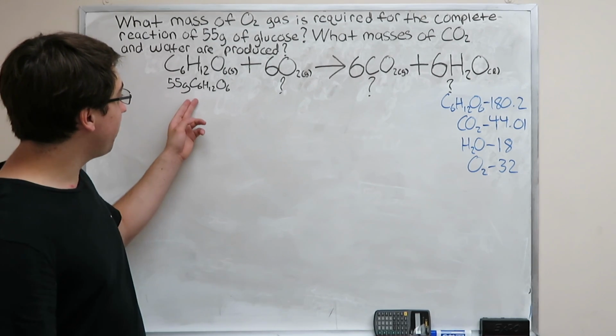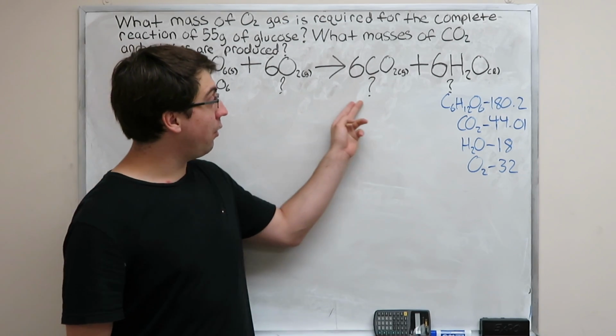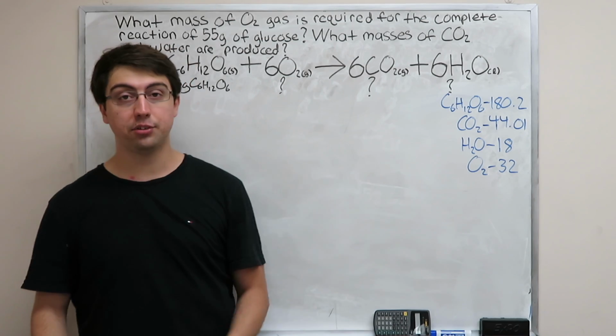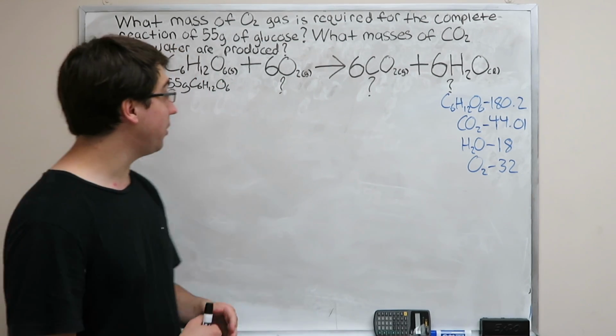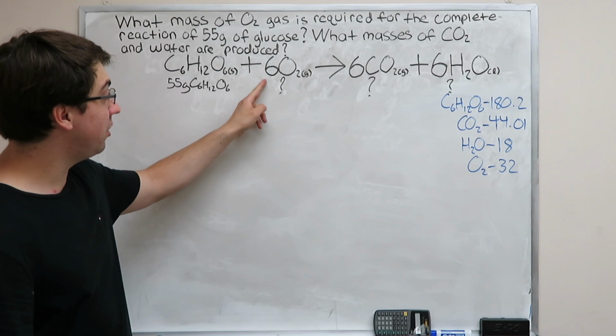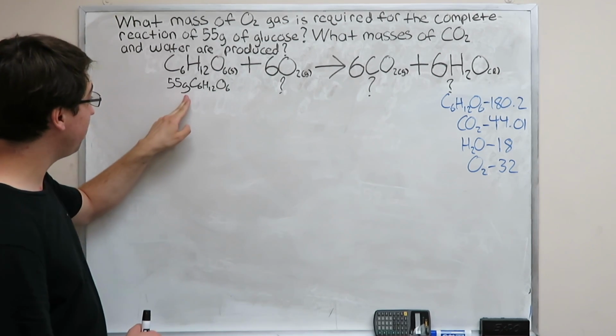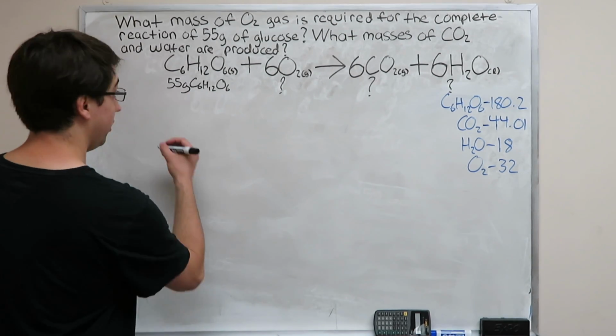Since we're given 55 grams of glucose and we're trying to find all of these, we can solve for any one of them first. First, I'm going to solve for how many grams of oxygen is required, but first I need to convert the grams of glucose to moles of glucose.